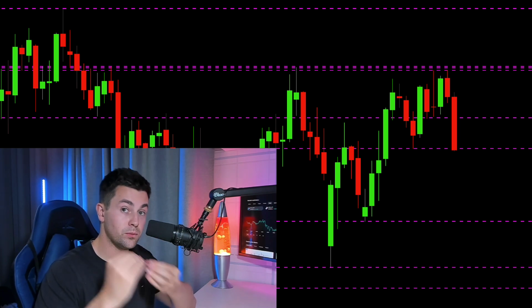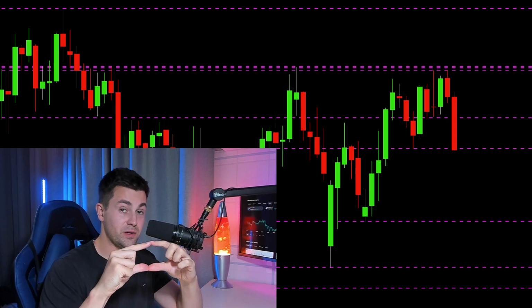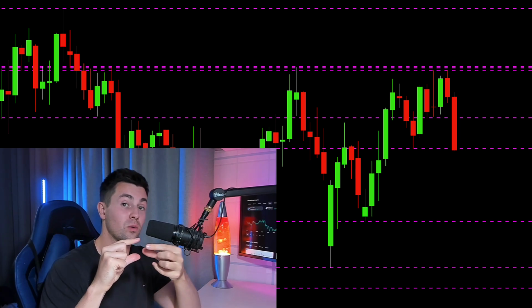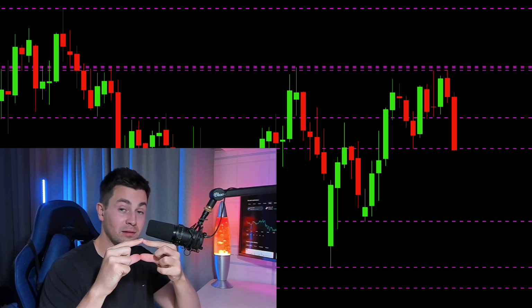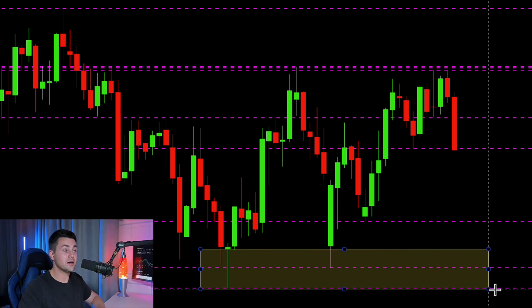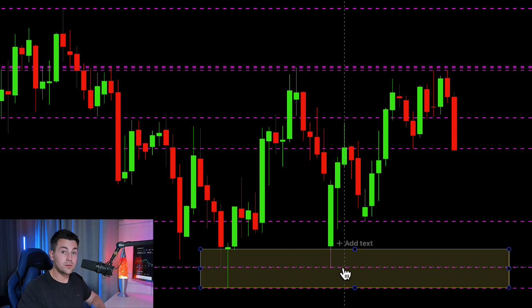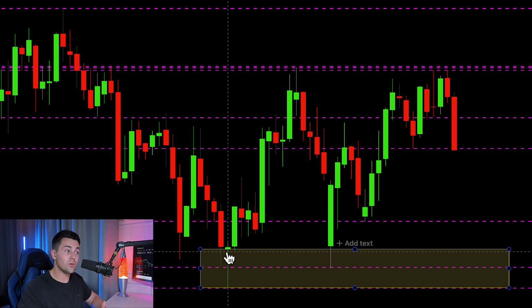When we look for support and resistance zones, we will look for the area based on the wick of the candle and its body. Look, over here is the example of the support zone. You can see that we have two key levels based on the significant lows and based on the wicks of these candles.